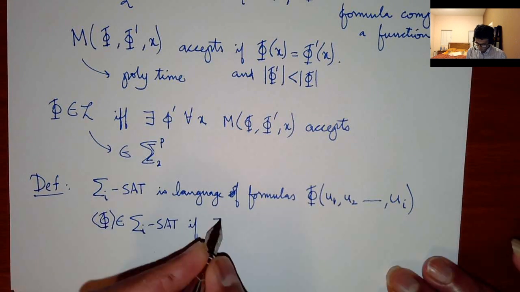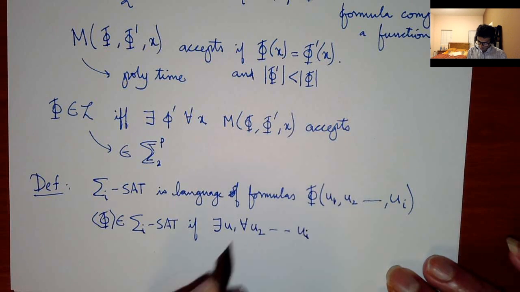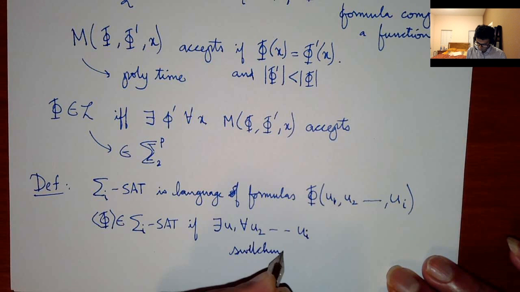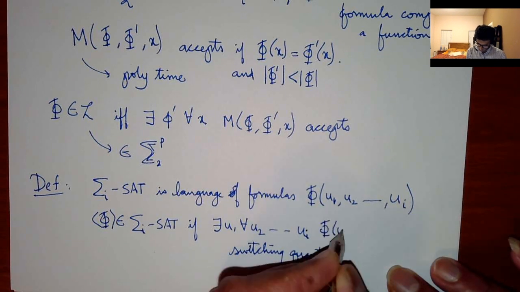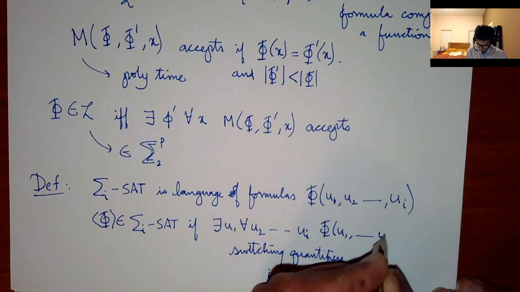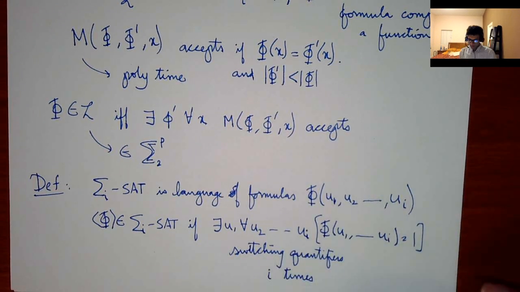there exists a u1 so that for all u2, switching quantifiers I times, ui is equal to 1. Again, if I was equal to 1, then this is just SAT.